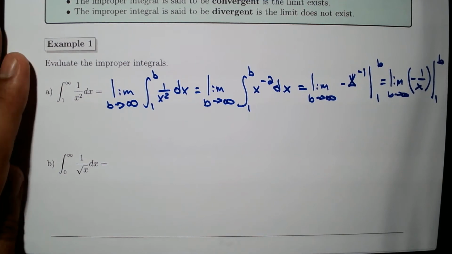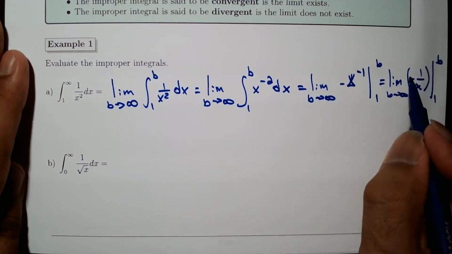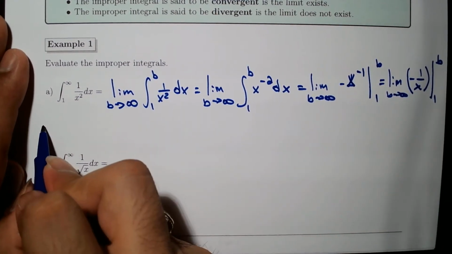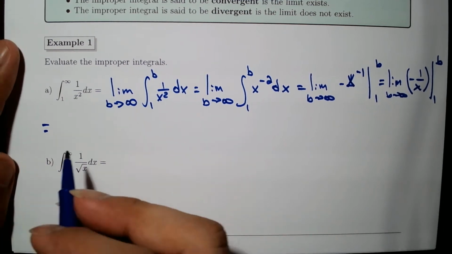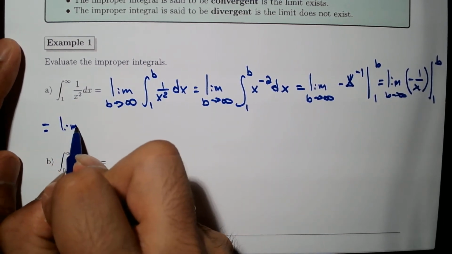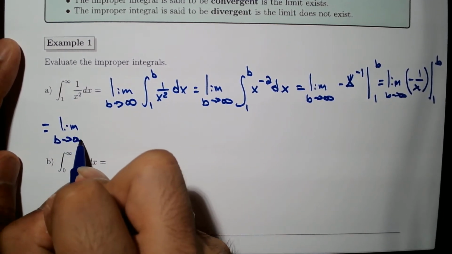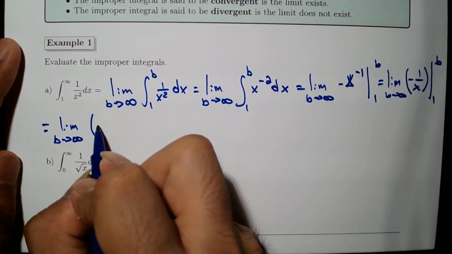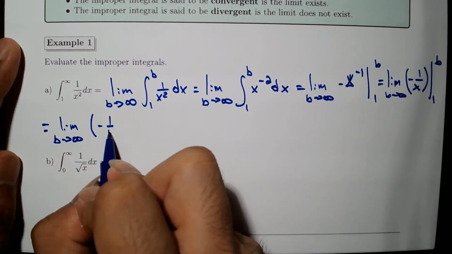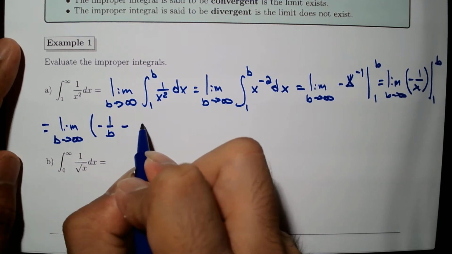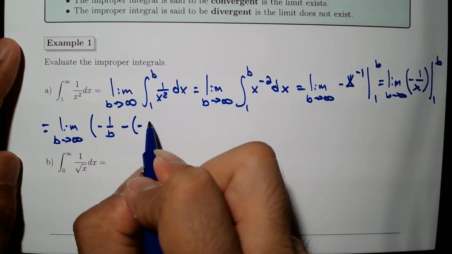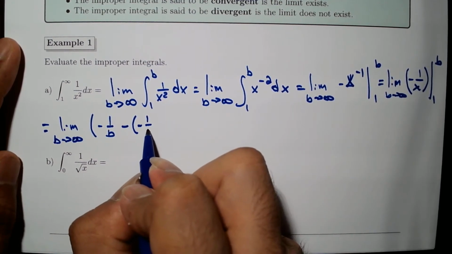And we are going to evaluate upper minus lower, which is going to give us negative 1 over b minus negative, be careful with signs here, 1 over 1.